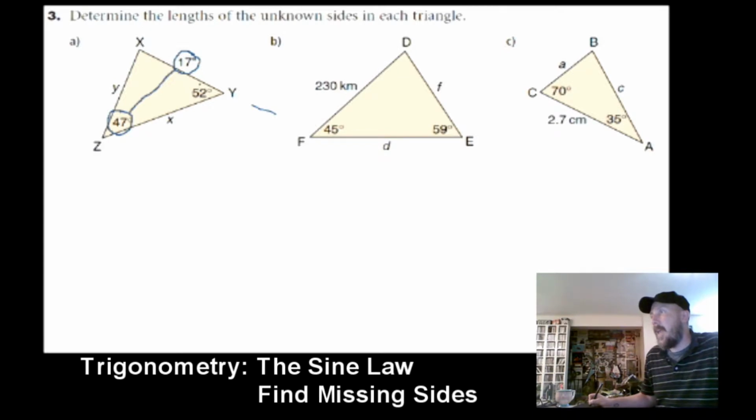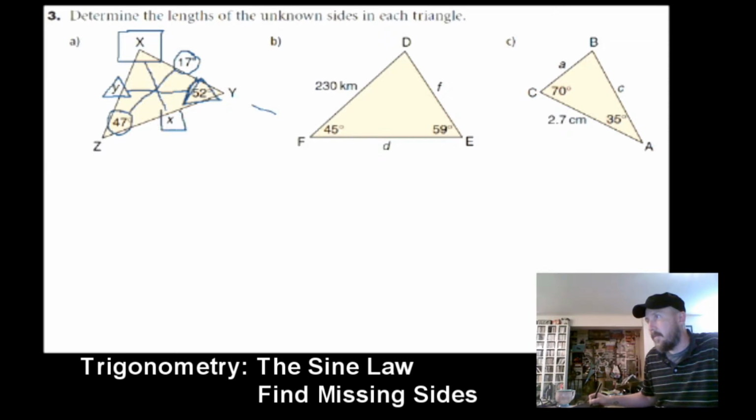This angle 52 here goes with the side that is opposite it, so that side Y. As you can see there, angle Y, side Y. And the last one here, angle X, we'll put maybe this one in a square, goes with over here, side X.